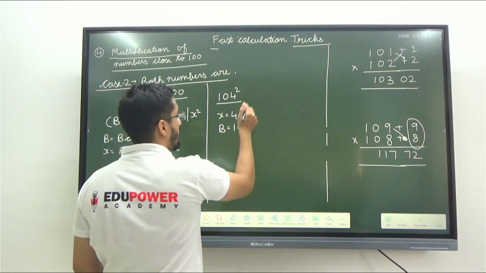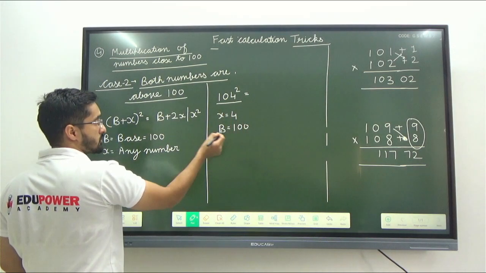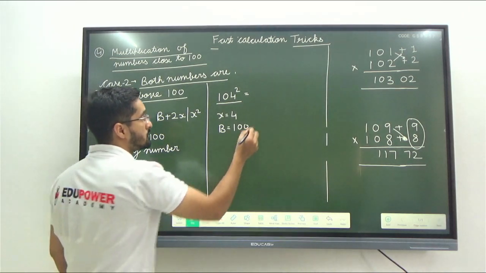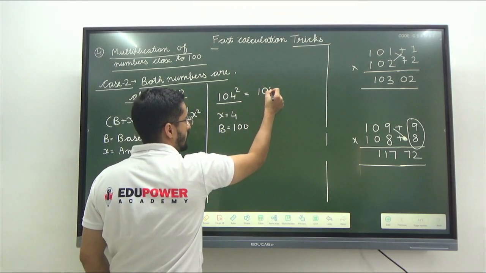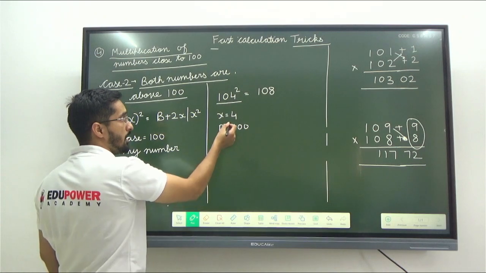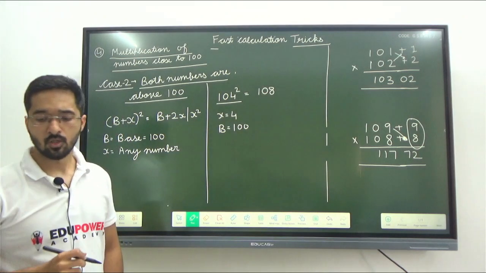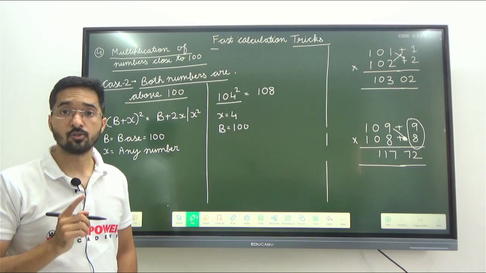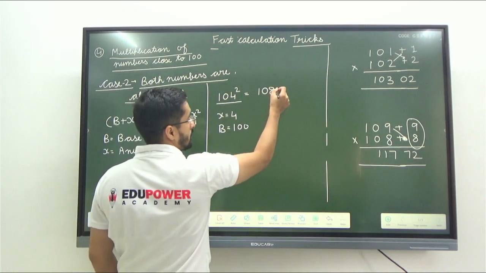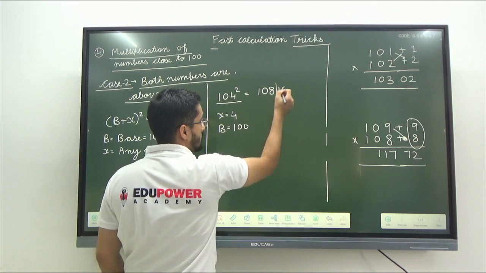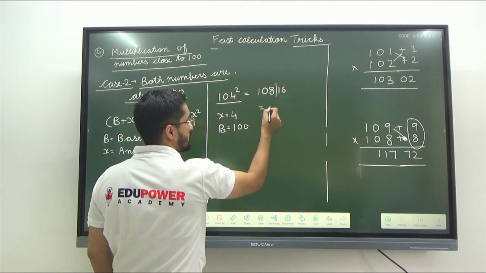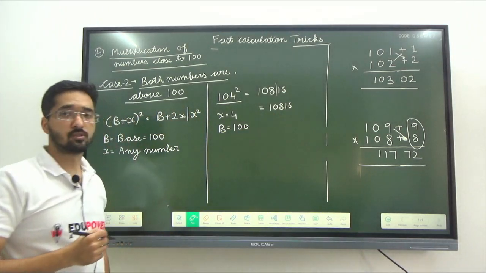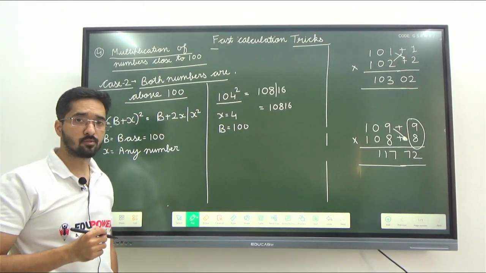I get b plus 2x, 100 plus 2x, that is 108, and slash x square. What is my x square? X square is 4 square, that is 16, slash 16, and ladies and gentlemen, this is your answer, 10816.